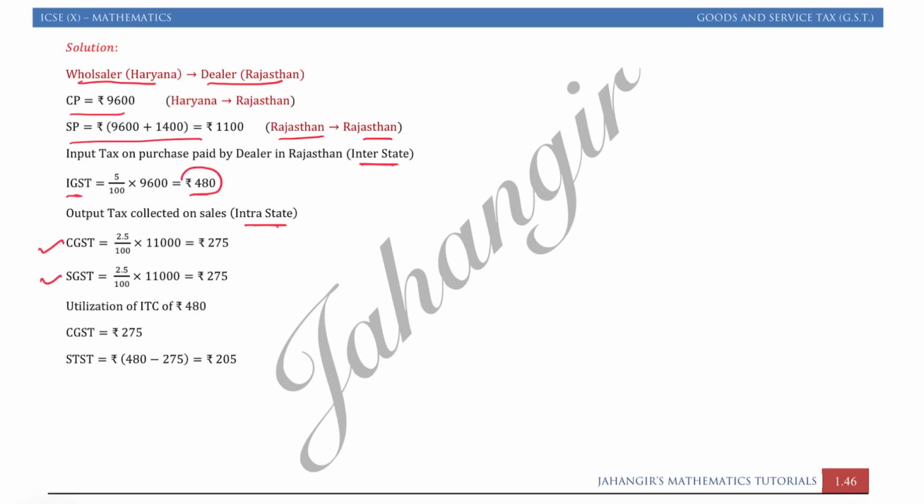Now we know 480 is ITC, a credit, which the Jaipur dealer had paid to Haryana. So how will it be adjusted? In the utilization of tax from 480, first 275 goes to CGST and the remaining 205 goes to SGST, so the total is 480.